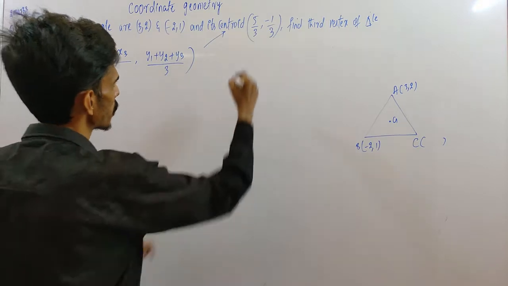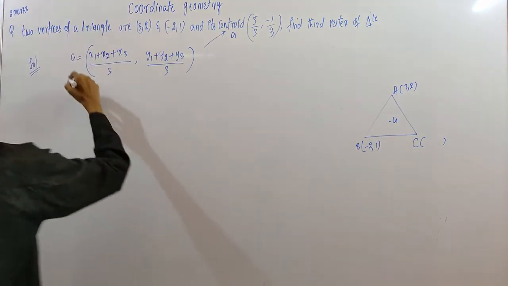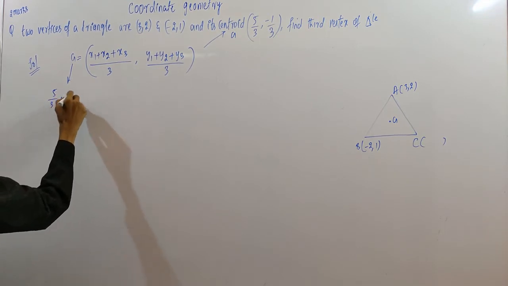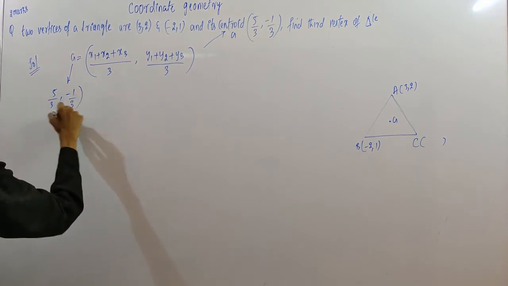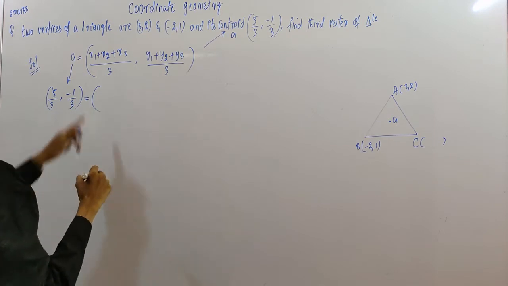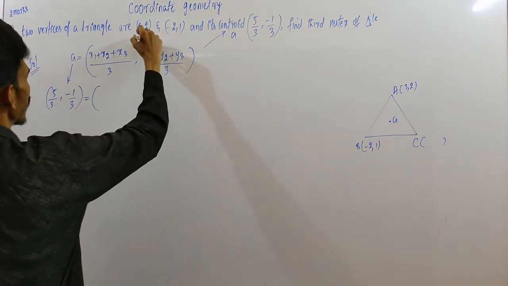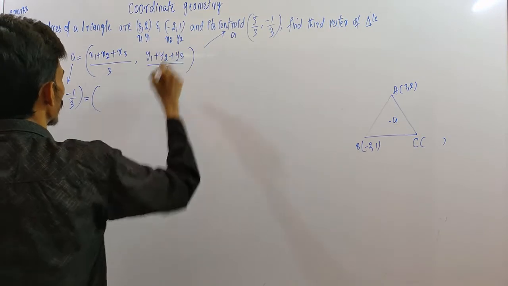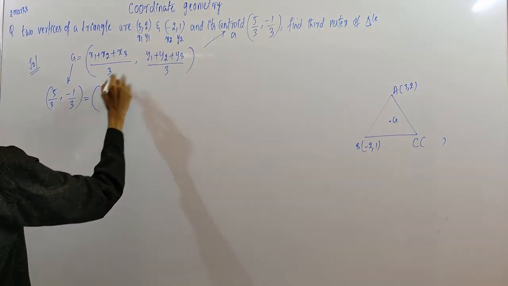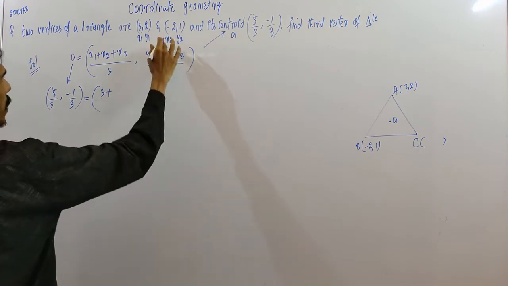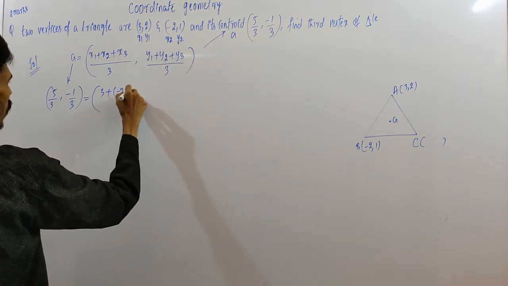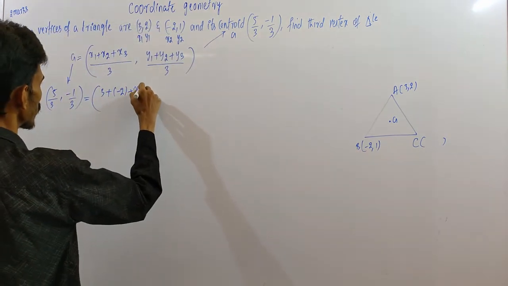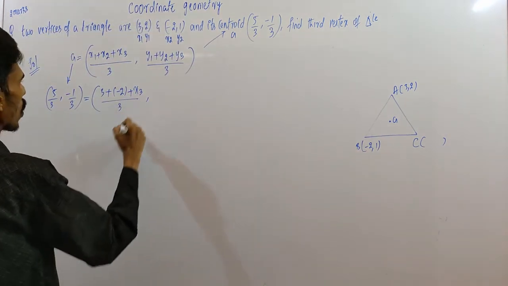The value of centroid G is given, so write down G as 5 by 3, comma minus 1 by 3 is equal to x1 plus x2 plus x3. Take these as x1, y1, x2, y2. So x1 value is 3 plus x2 value is minus 2. The x3 value we don't know, so this is x3 and y3. So x3 divided by 3, comma y1.